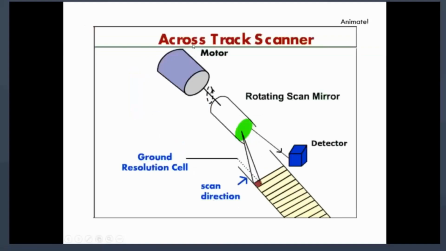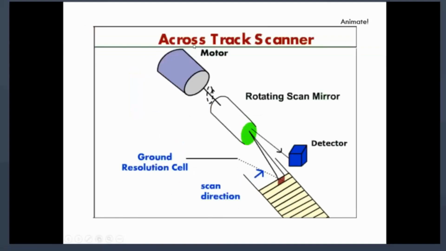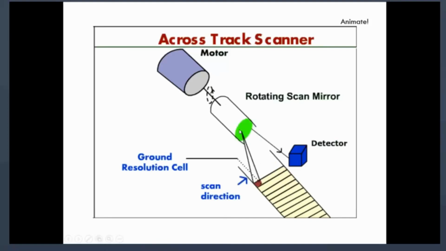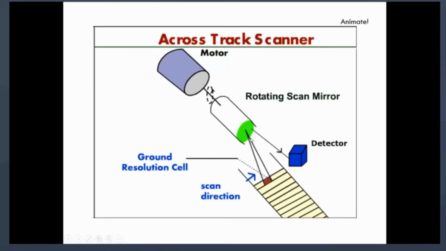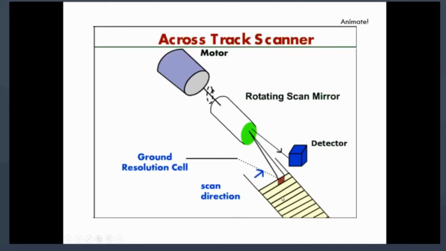Another type of scanning mechanism is cross-track scanning, where we have a large telescope mirror and a rotating scan mechanism. There is a motor attached to it, and the mirror keeps on scanning different lines. Suppose this data goes to a set of filters, and one of the filters has gone bad.